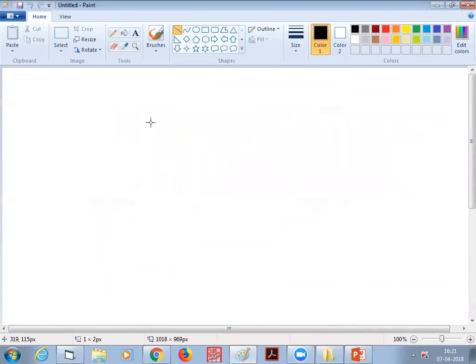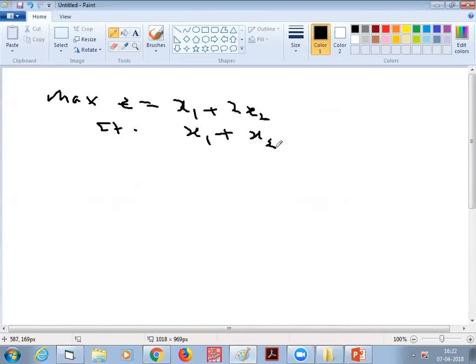So let's talk about a simple problem like this. Suppose we're going to maximize again. Maximize z equals x1 plus 2x2, subject to, let's keep it simple, x1 plus x2 less than or equal to 100.